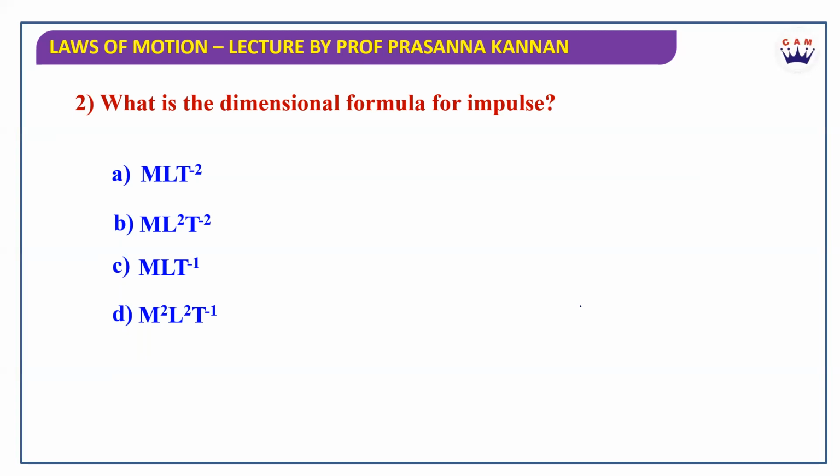So, I'll ask one more question which is not there on the board. Okay, can you try? Dimensional formula for impulse is MLT power minus 1, okay? Which other physical quantity has the same dimension?